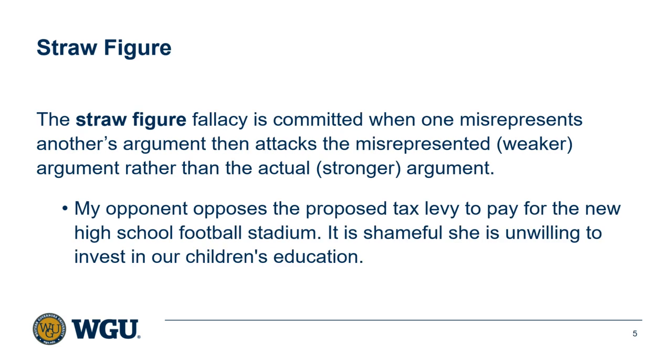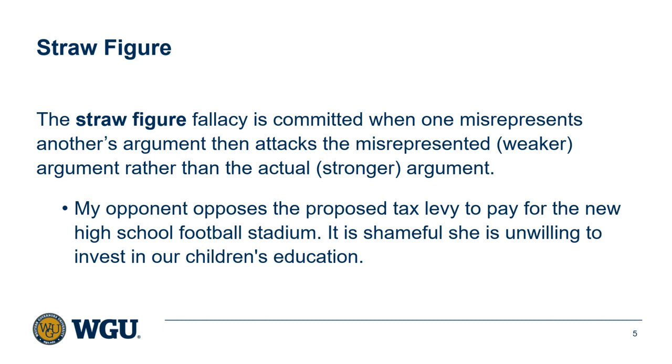Our third fallacy of relevance is called the straw figure fallacy. This fallacy is committed whenever someone purposefully misrepresents another's argument in order to create an easier argument to attack. In our example, you will see that I misrepresent an argument to make it seem that my opponent is unwilling to invest in our children's education.